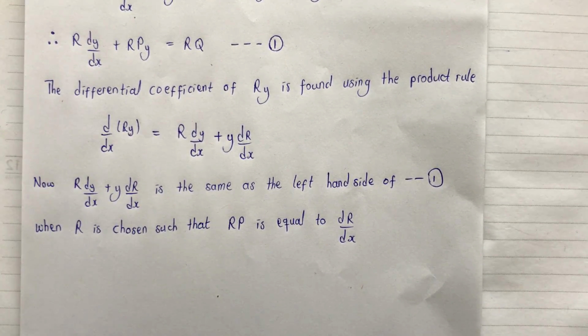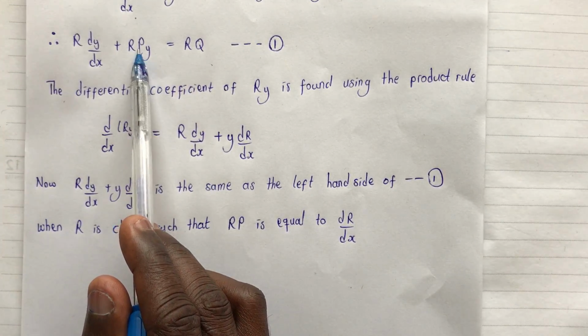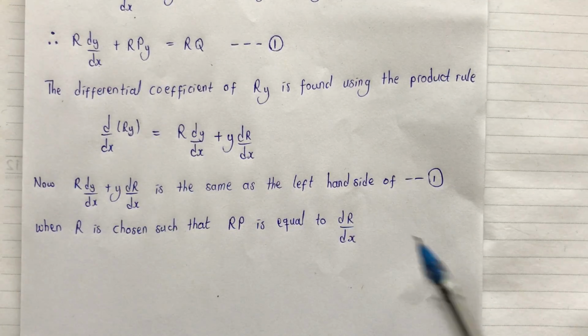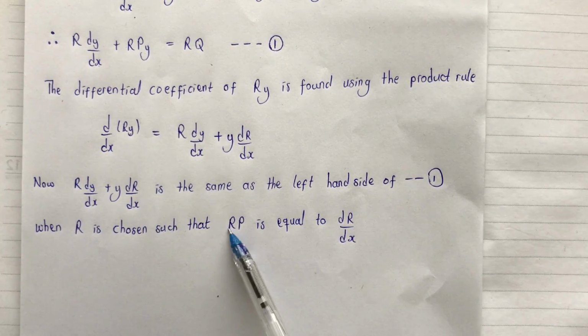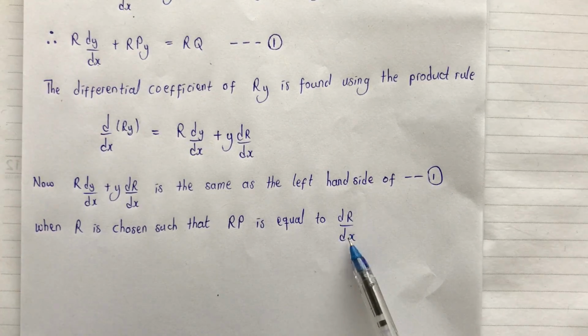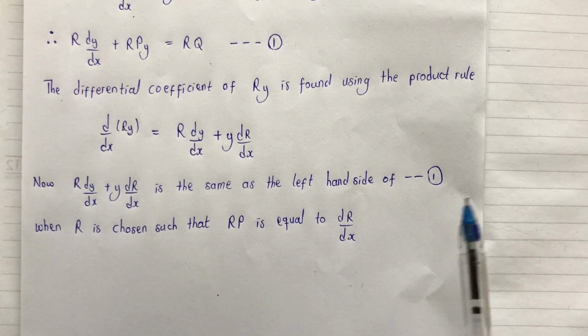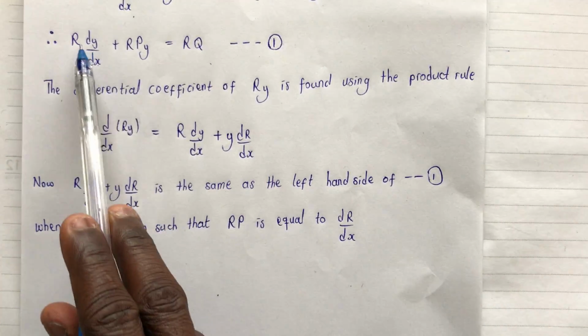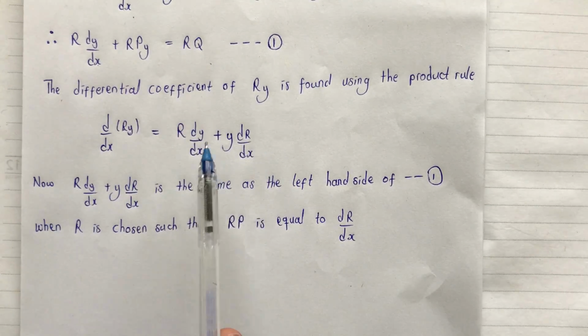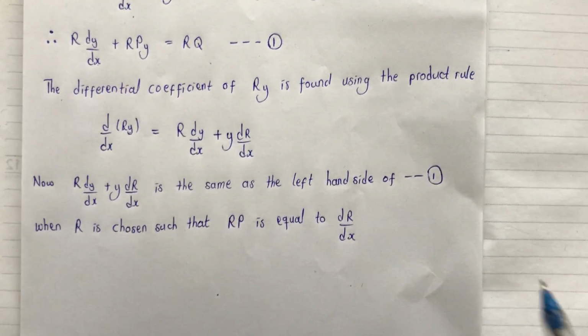You and I, we have to take it like that. Now, when we choose R such that Rp, remember that p here is a function on its own in terms of the variable x, we will come across that in our examples. Now, when we assume that Rp is equal to dR/dx, then we can vividly say that the left-hand side of equation 1 is equal to this. Now, watch very carefully.